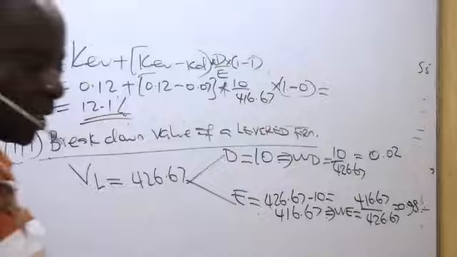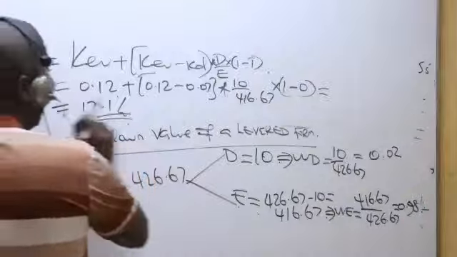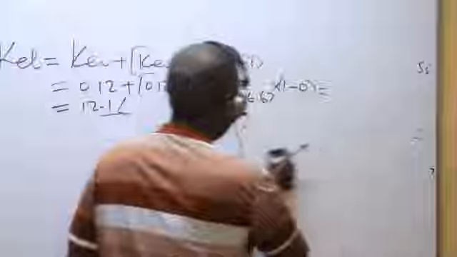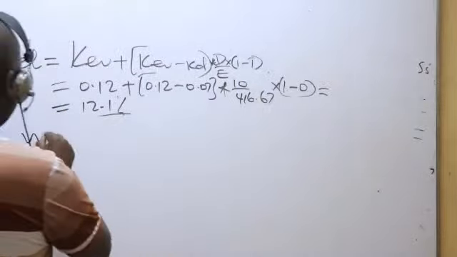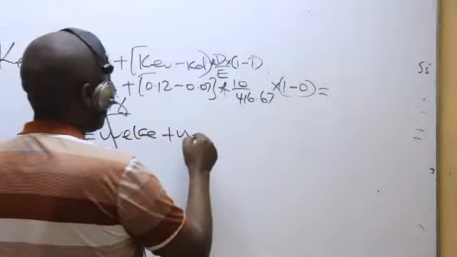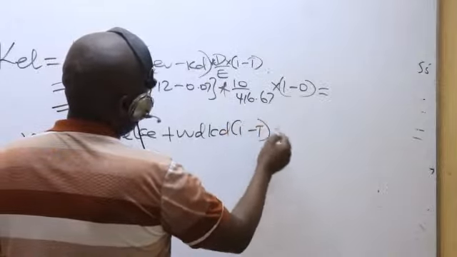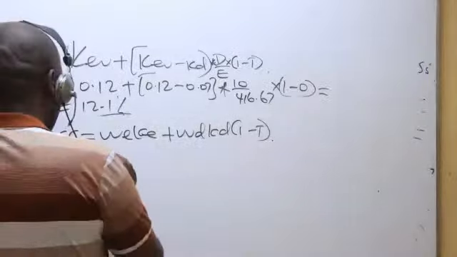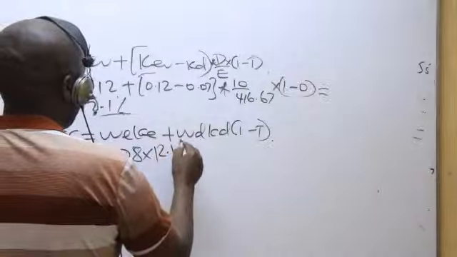So now go ahead and compute the WACC. WACC equals weight of equity times cost of equity plus weight of debt times cost of debt after tax. So weight of equity, you gave me 0.98, times cost of equity, which is 12.1%.